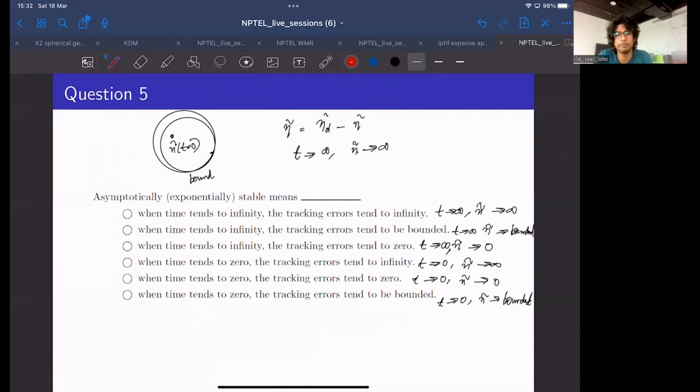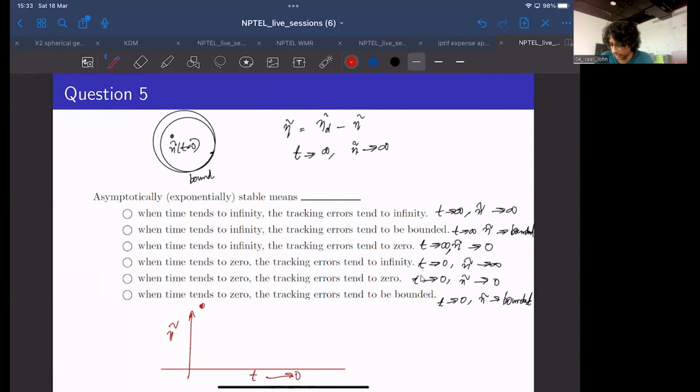Okay, so again, question 5. What would be the correct answer in this regard? Asymptotically stable. I think we might have come across what asymptotically stable means. If we have a time versus error plot, the error will begin from a non-zero value. It can also begin from a zero value if the initial conditions of the desired and actual trajectories are zero.